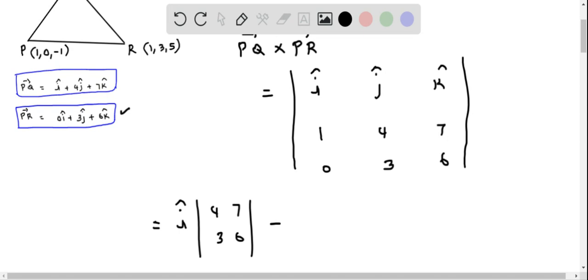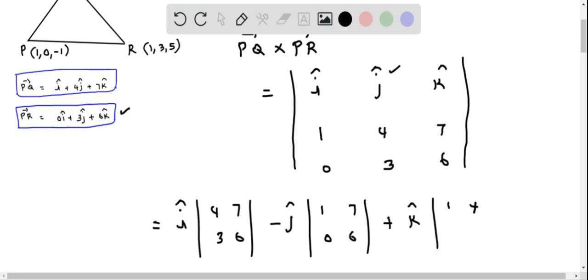Then I write down the next one in the second column, that is this one has to be written as negative j vector, and leaving the row and the column represented by the j vector, we get this 2 by 2 determinant, that is 1, 7, 0, 6. Then I write down this k vector multiplied with leaving the row and the column represented by the k vector, so which gives the 2 by 2 determinant 1, 4 and 0, 3.